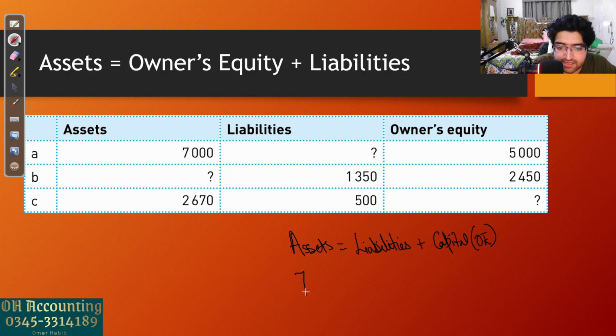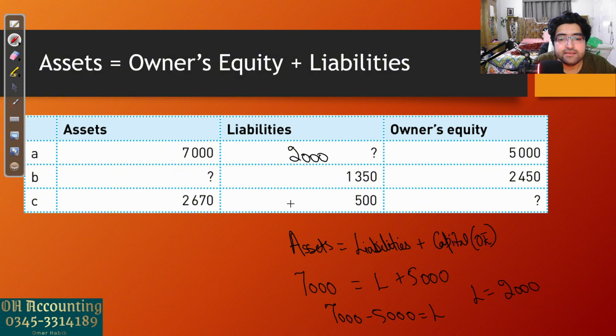So if assets are 7,000, liabilities are not given, we can just write L, and capital is given, which is 5,000. We can easily find the liabilities. This equation is just like any mathematics equation. Okay, so if this is plus on this side, when I move this to the other side, this will become minus. So 7,000 minus 5,000 will give me liabilities. So my liabilities are equal to 2,000 in this case, and you can write it here 2,000.